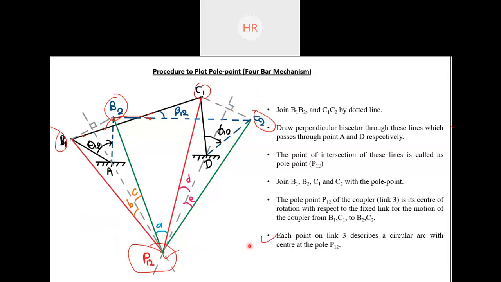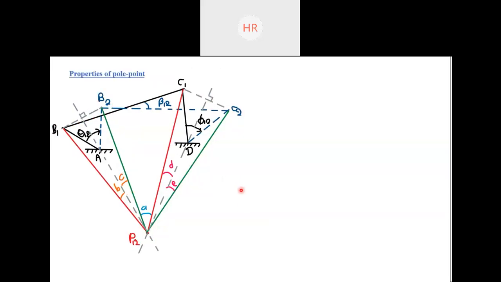So now let's have a look at the properties of this pole. What are the properties of this pole point P12?